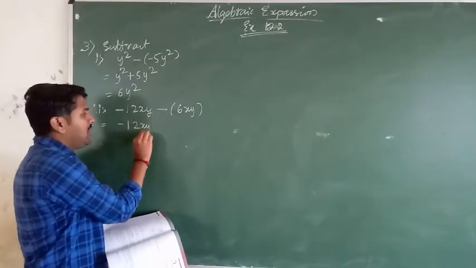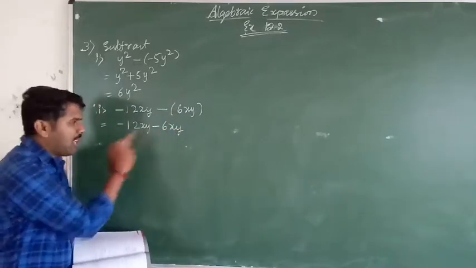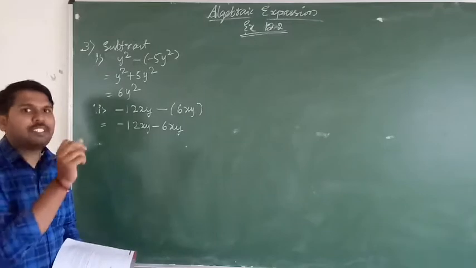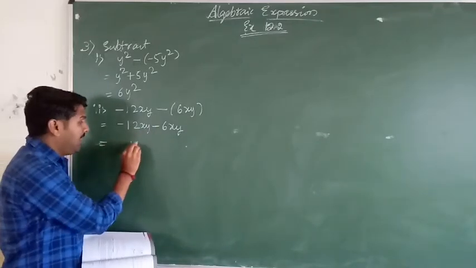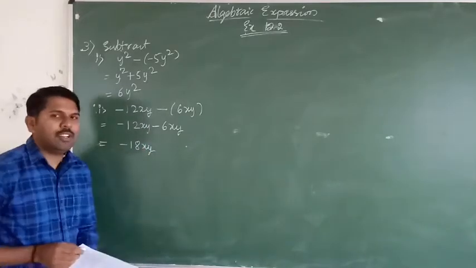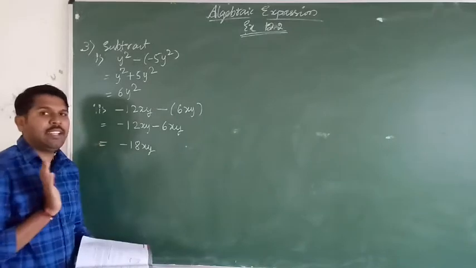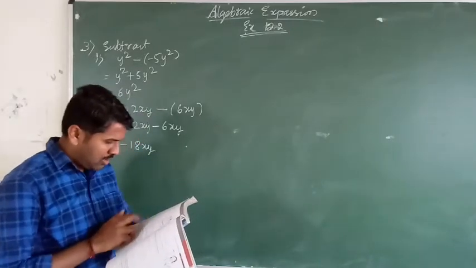Minus 12xy minus 6xy. Both terms have the same sign, so first we add: 12 plus 6 is 18xy, and keep the sign. So the answer is minus 18xy.